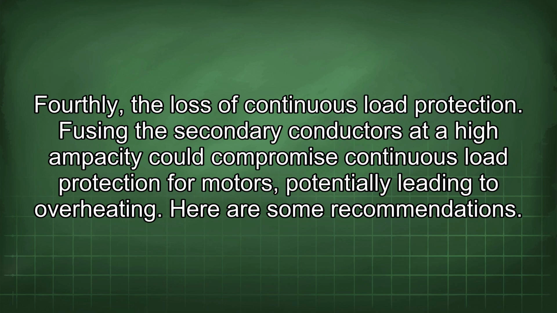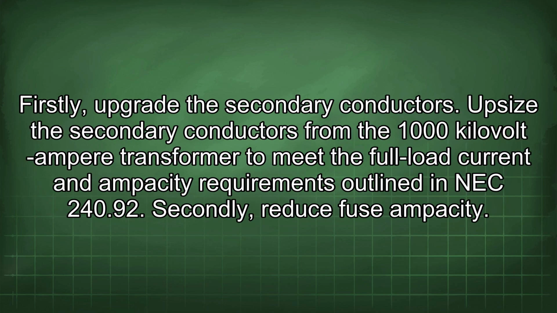Here are some recommendations. Firstly, upgrade the secondary conductors. Upsize the secondary conductors from the 1000 kVA transformer to meet the full load current and ampacity requirements outlined in NEC 240.92. Secondly, reduce fuse ampacity.